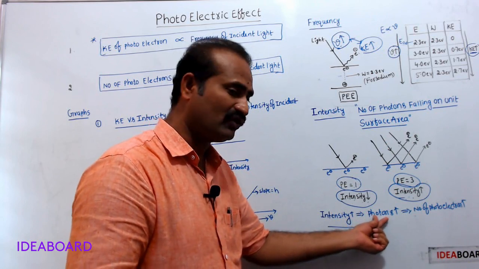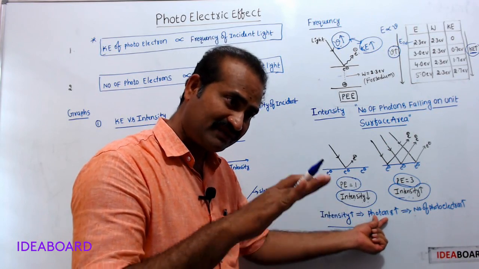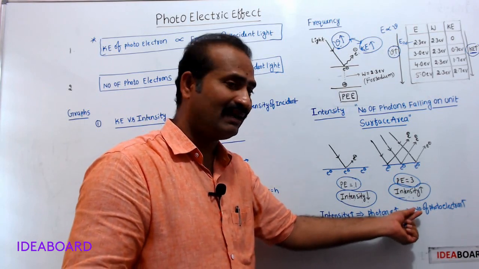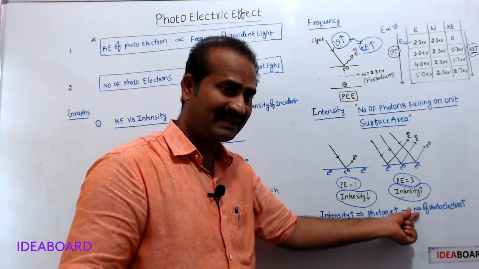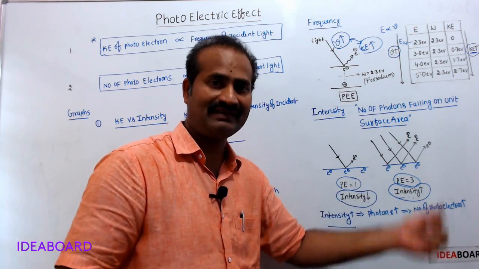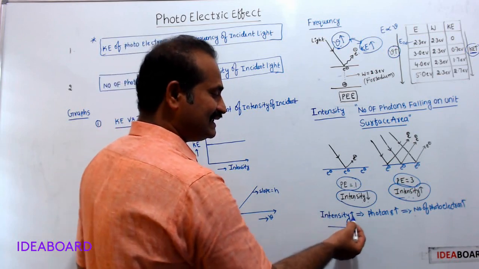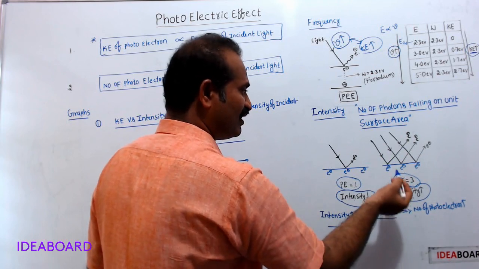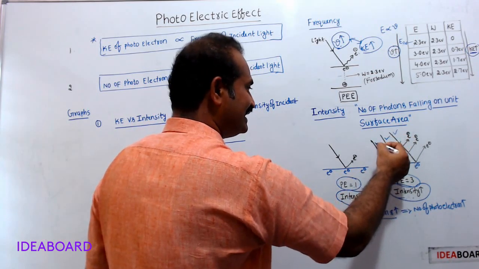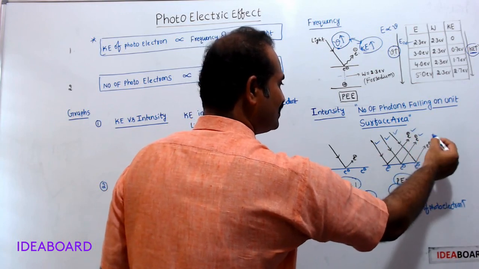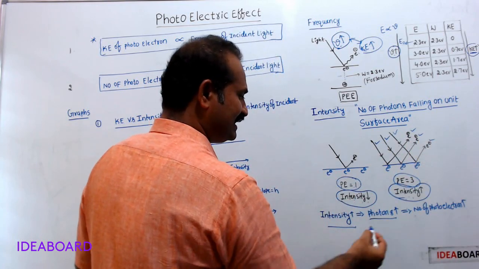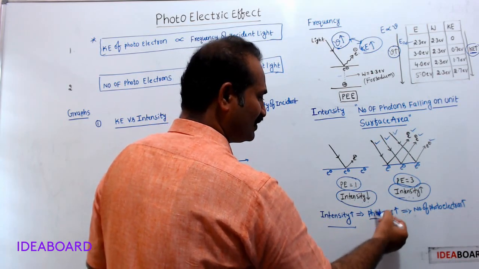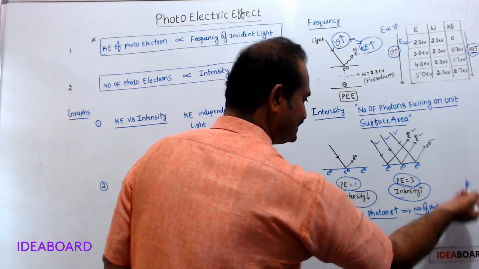As the number of photons increases, the number of electrons released from the metal surface increases. That is nothing but photoelectrons increasing. As the photon number increases, the number of photoelectrons released also increases.